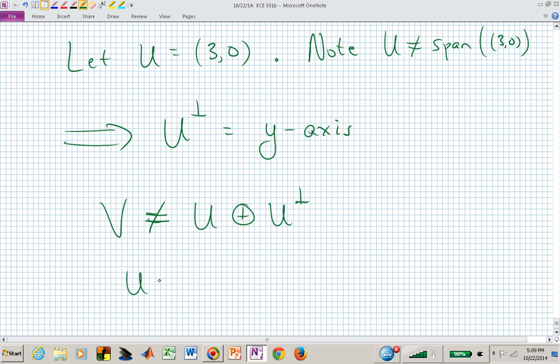And we can see that U is not U perp perp. Because what is U perp perp? The x-axis, and that's not equal to this one vector or point (3, 0).